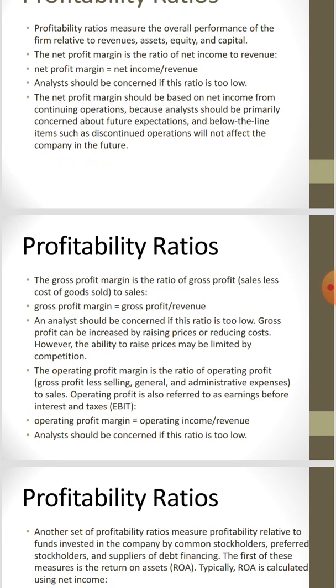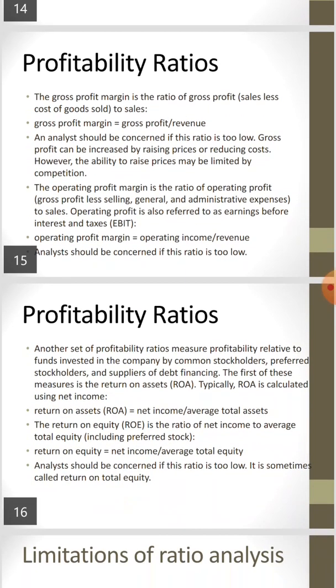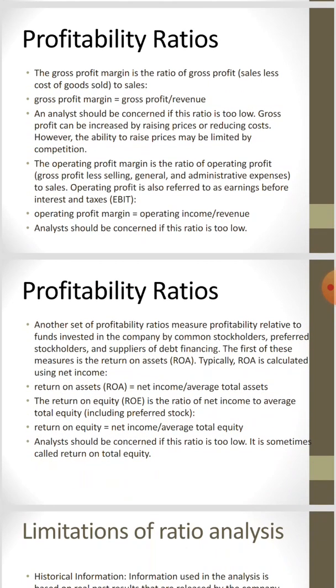We also have the gross profit margin, which we find by saying gross profit divided by revenue. We also have the operating profit margin, which we get by saying earnings before interest and taxes divided by revenue. Okay. Also, analysts should be concerned if this ratio is too low.